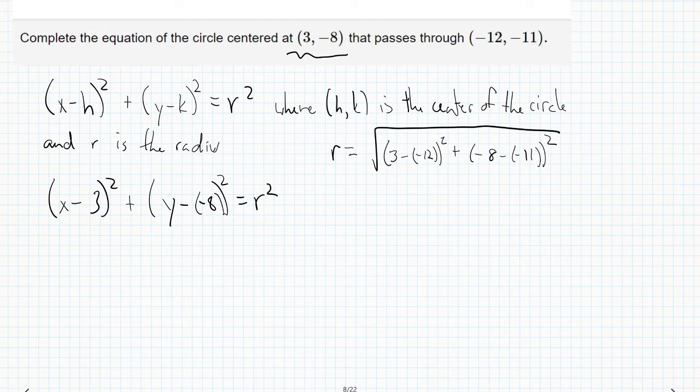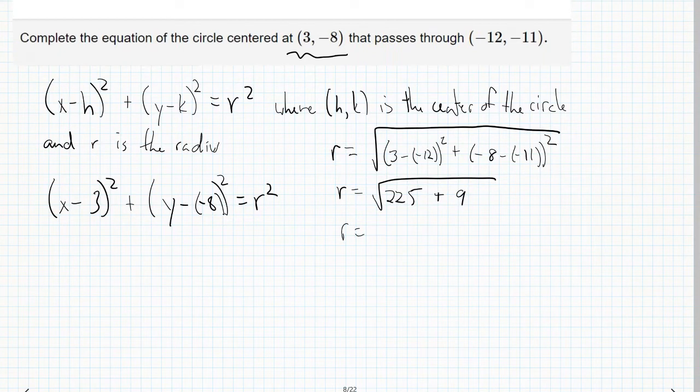Well, first off, we have 15 squared, so that means r equals the square root of 225 plus negative 8 plus 11, essentially, so that's 3 squared, which is just 9. Okay, so that means r equals the square root of 234.